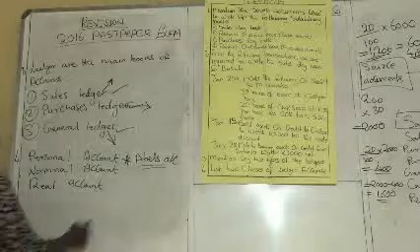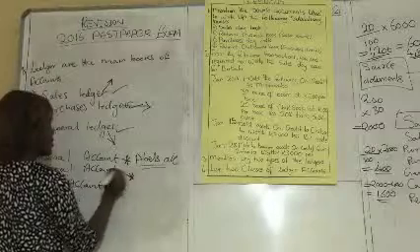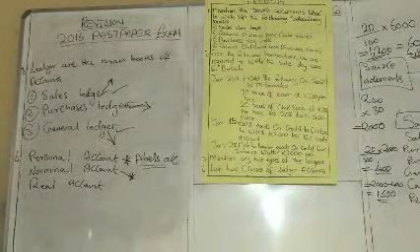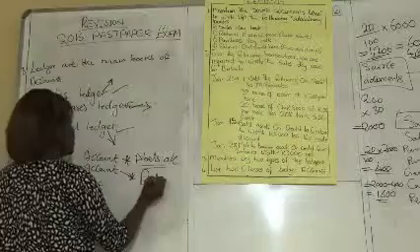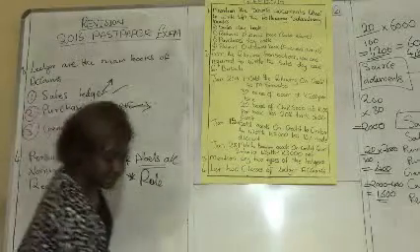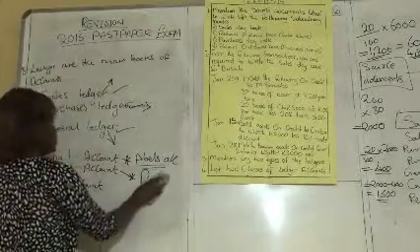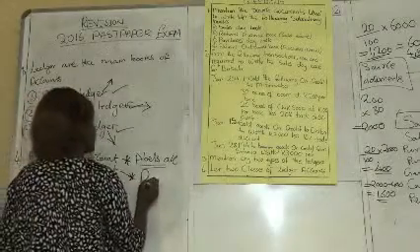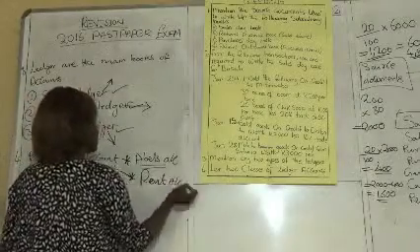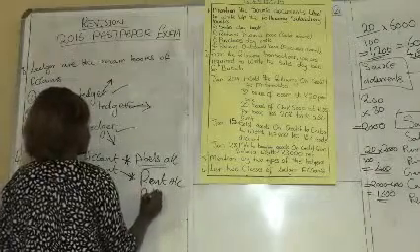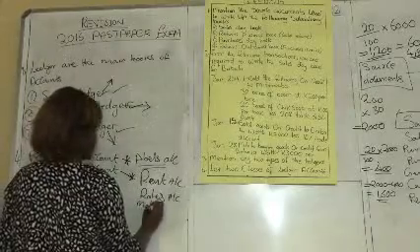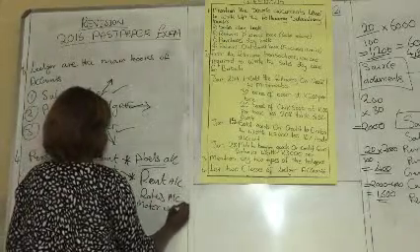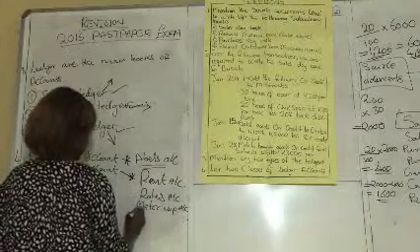Then we move to nominal accounts. Nominal accounts are accounts that are expenses. Examples of a nominal account are a rent account, rates account, motor expenses account, electricity account.